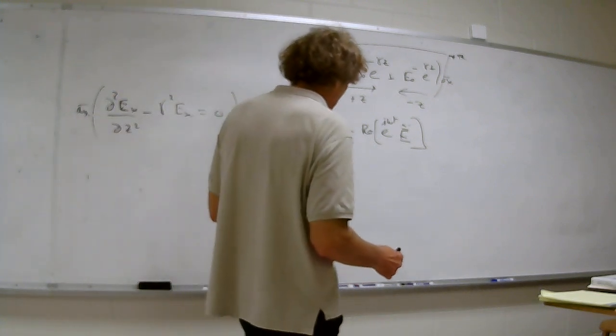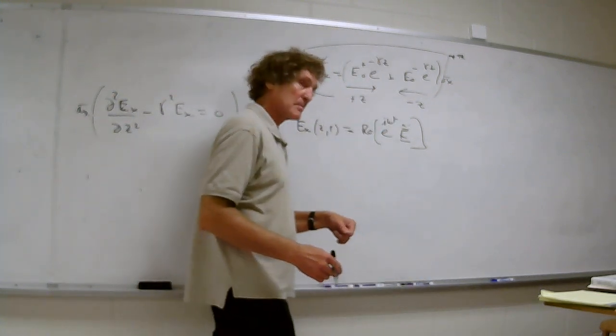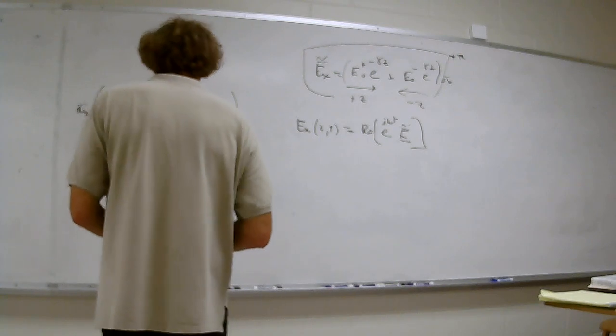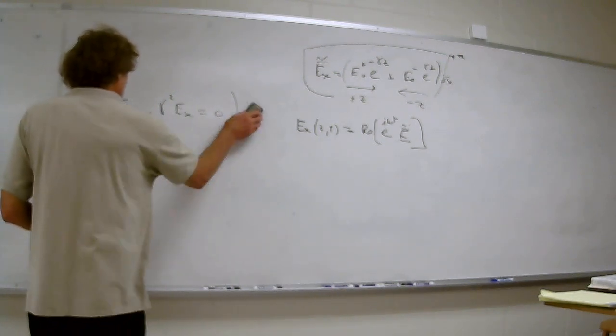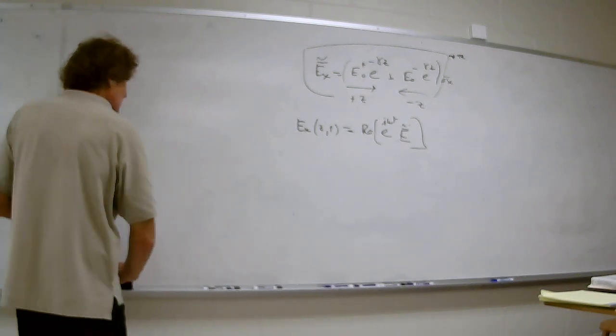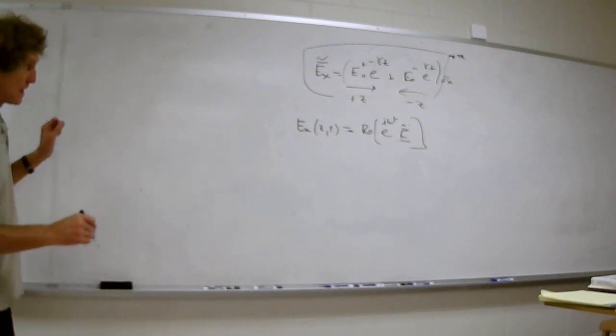Well, if you take a look at this, I'm just going to do the positive going wave right here because I know I'm running short on time. So I want you to watch this because it's not tricky.